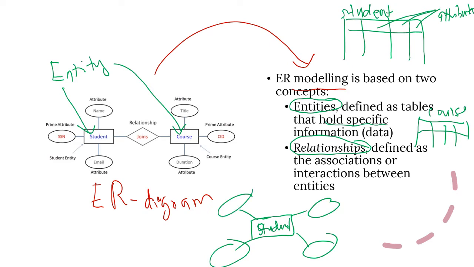This is not a complete ER diagram because it doesn't have a relationship. At least it should have a self relationship, at least its own relationship. That is what makes it an entity relationship diagram.